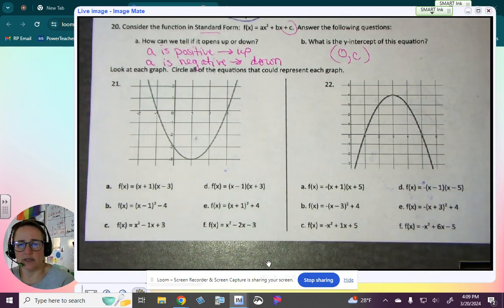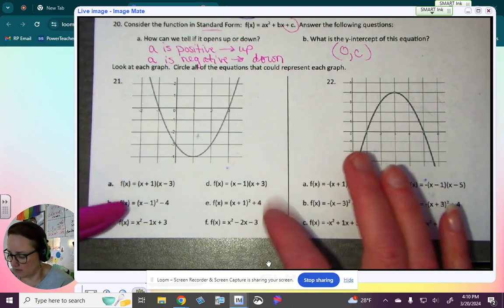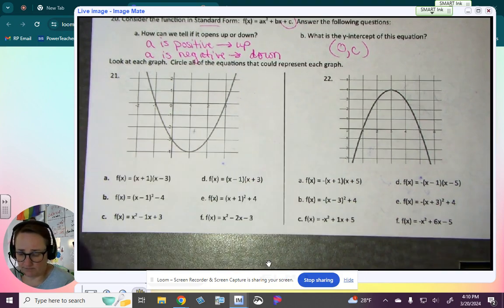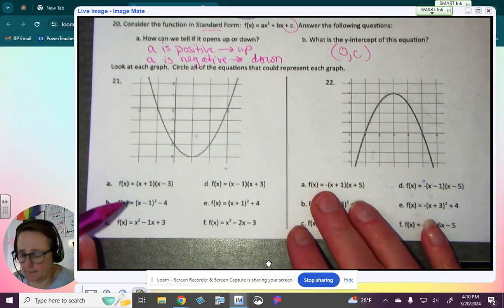Alrighty. We're going to look at each graph and we're going to circle all of the equations that could represent each graph. I see some different things that we're looking at. We're looking at different formats: factored, vertex, and standard. So I'm going to need lots of information for this. Okay.